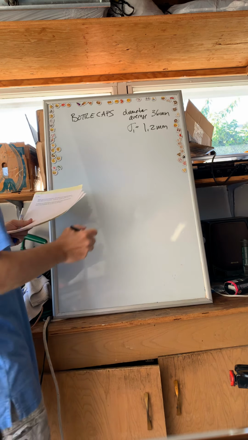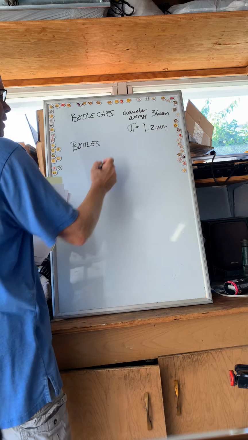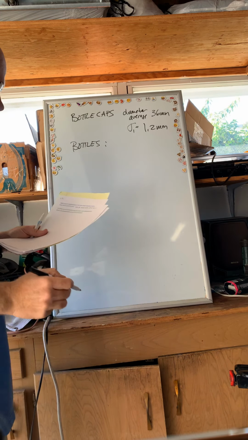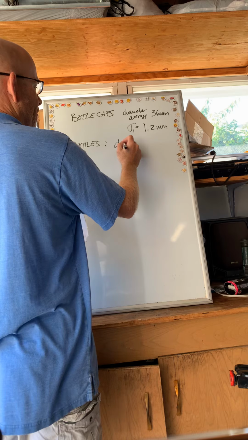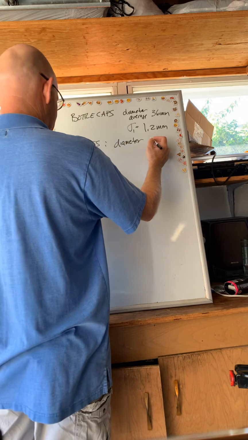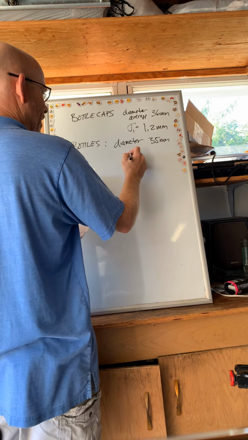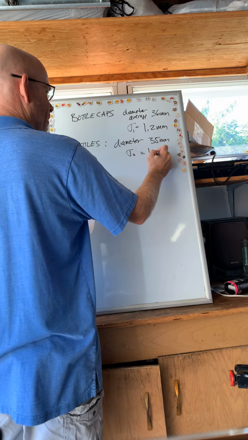Then we have bottles themselves. The bottles have an average diameter of 35 and a standard deviation of 1.